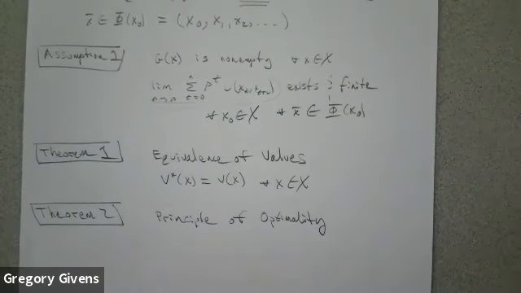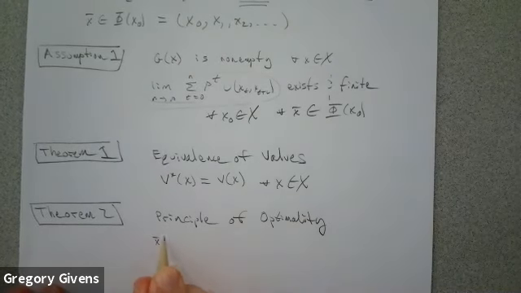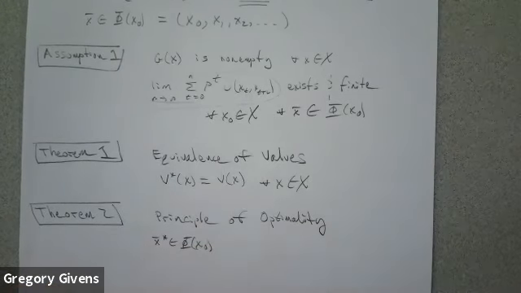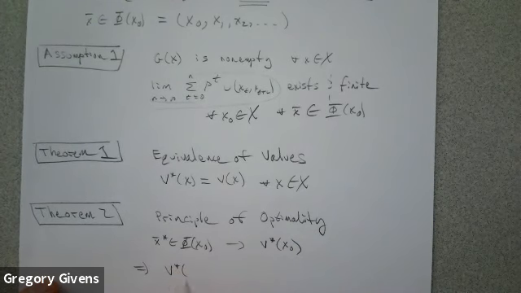Okay, let us suppose again that assumption 1 holds. And let's assume that x bar star, which is an element of phi of x0, one of these feasible plans, attains the maximum of the sequence problem. That is, it obtains V star of x0. If that is the case, then V star of x0, let's say of xt star, starting from some date t, can be broken into two components.